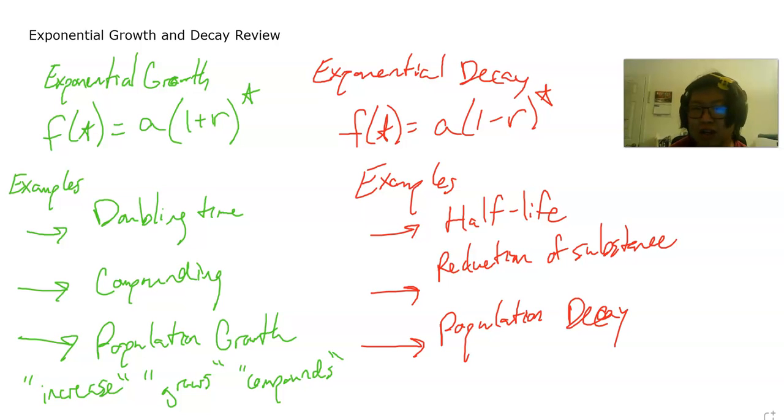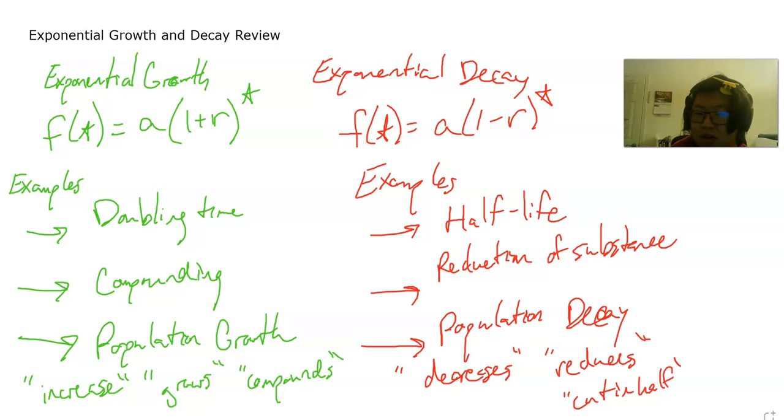On the other hand, if you're talking about decay, we have decreases, reduces, cut in half, etc. If you can understand that this is an amount that is decreasing over time, you can model it with exponential decay. Alright, let's go ahead and talk about regression now.